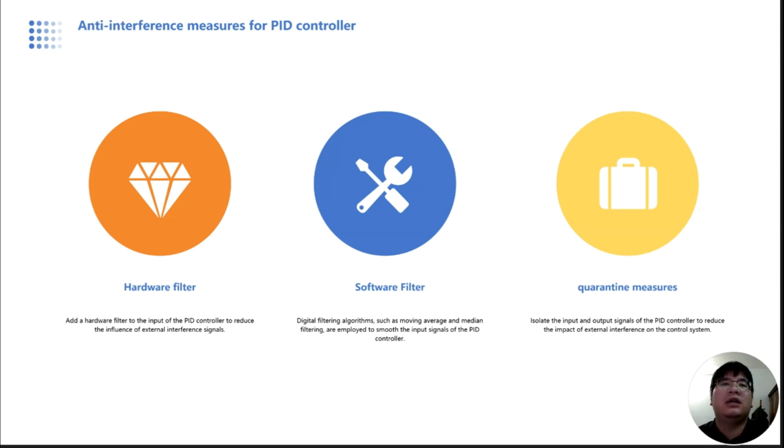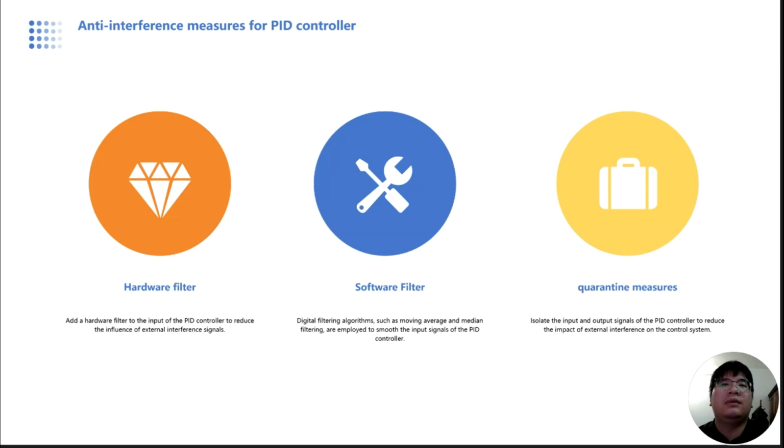The first technique is about anti-interference. The real world is full of noise and interference, which can disable our controller. We can combat it in 3 ways.